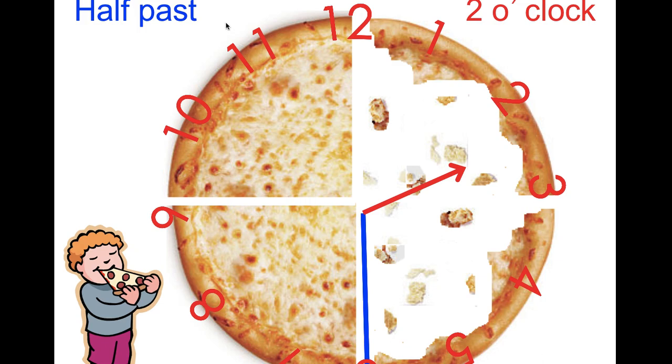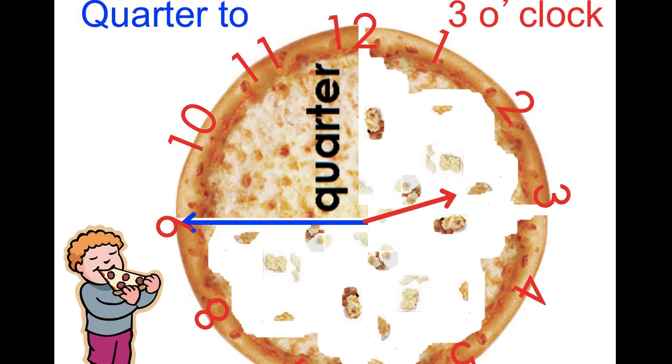Half past 2 would be 2:30, a whole half. Half past 2 is 2:30. And then a quarter is left to become 3 o'clock. So right now it is 2, the 9 is 45, so it's 2:45. So he only has 1 more quarter until it becomes 3 o'clock.